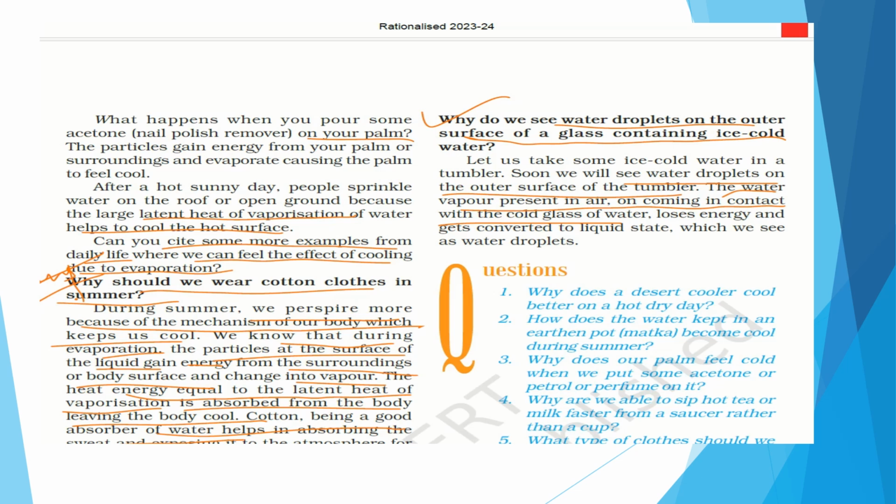So the air in the surroundings, when it comes in contact with the glass containing ice, is cooled and condensed, and it is converted to the liquid state, which we see as water droplets. So is it clear?